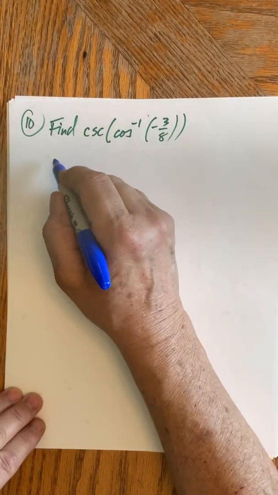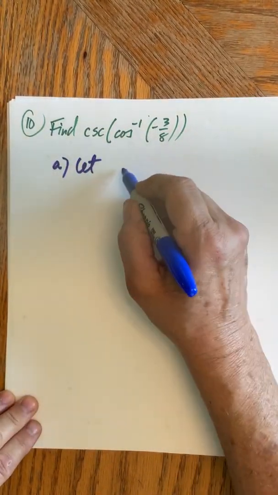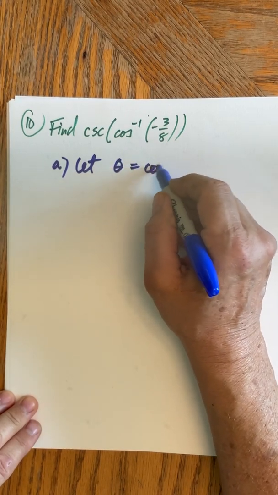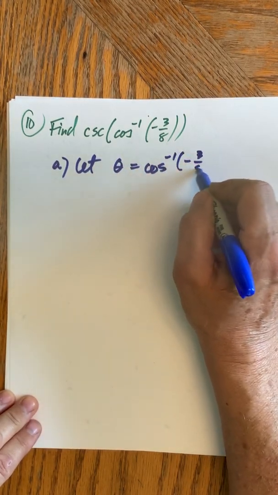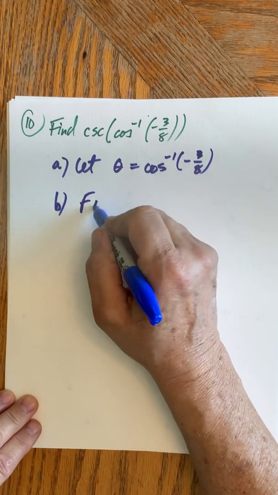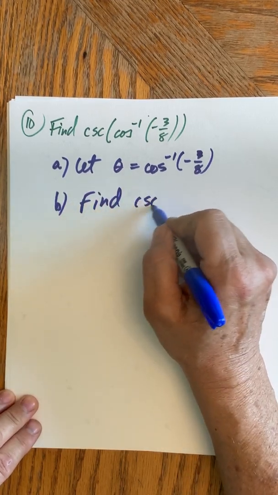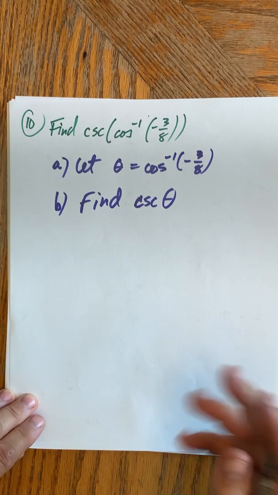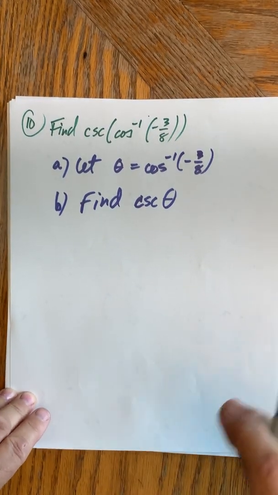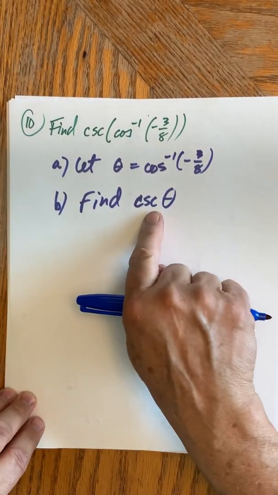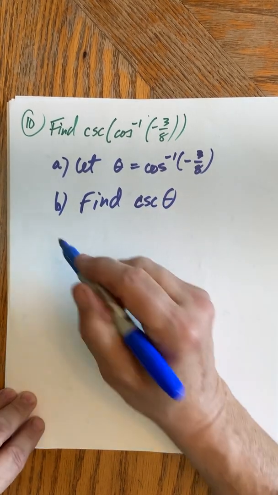So I'm going to say, A, let theta equal inverse cosine of negative 3/8. What I'm trying to find is cosecant of theta. That's what I'm trying to find. So once I have the triangle and all of the sides, I can answer that, right? I'll just pull out the information, r over y.